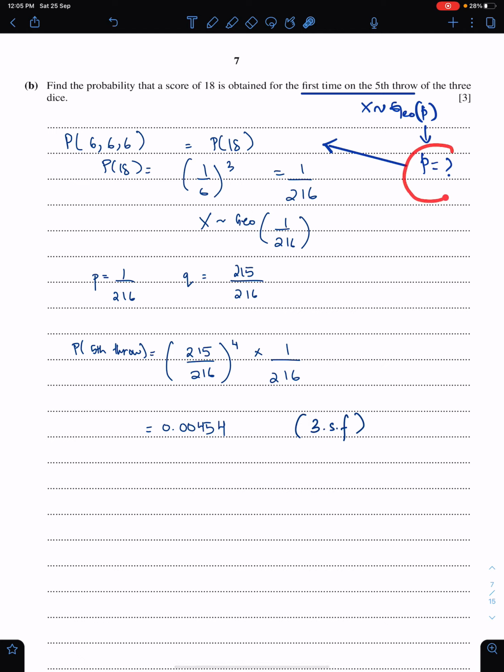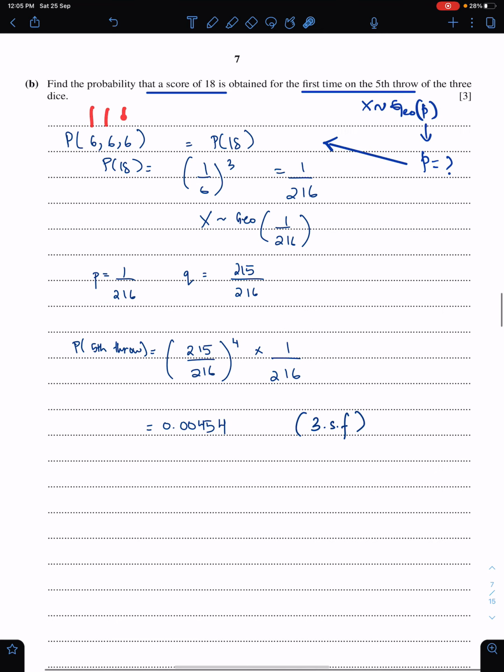To get this probability, we have to use this information. To get score 18, there is just one way: all three dice must show 6. If all three dice show 6, then we will get 18.